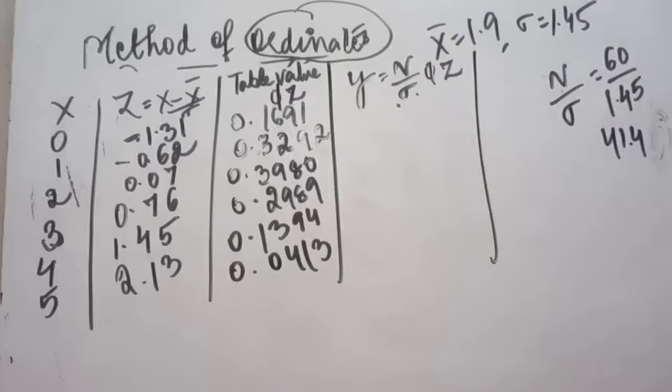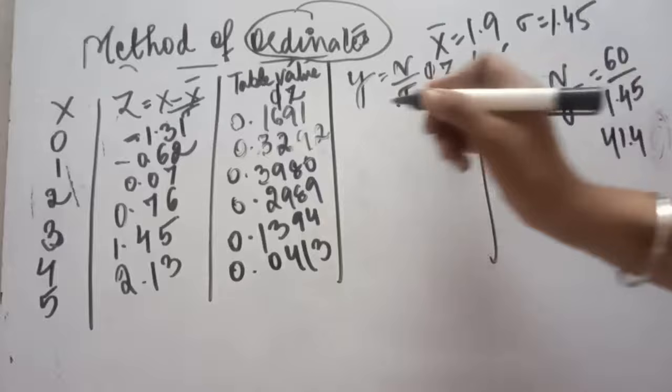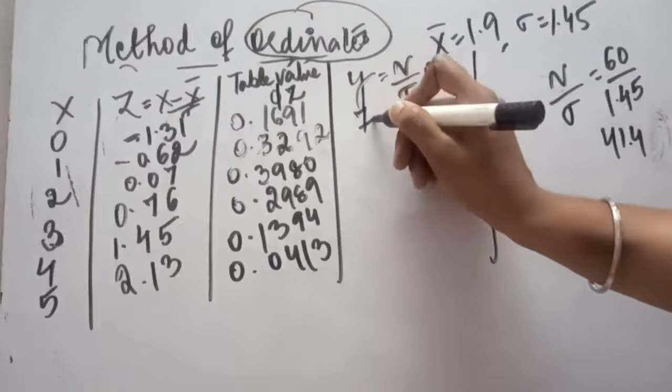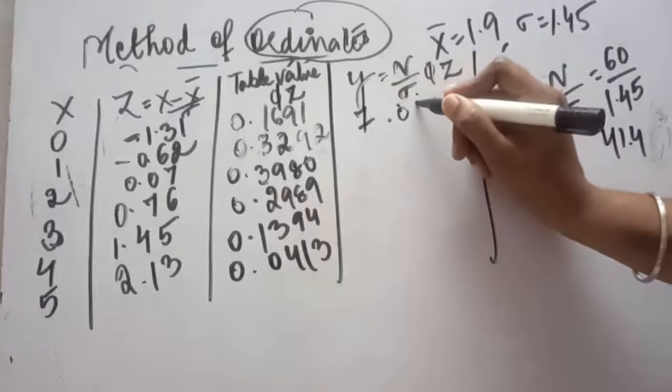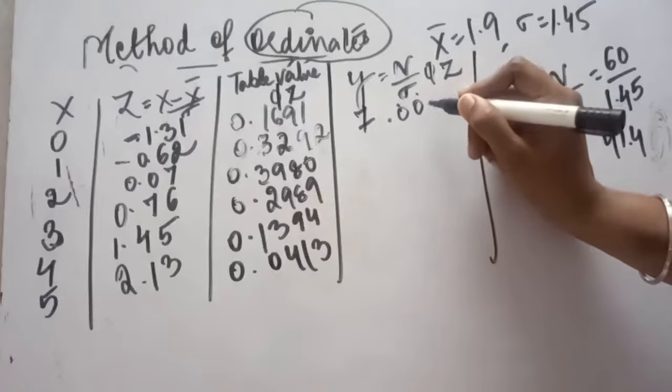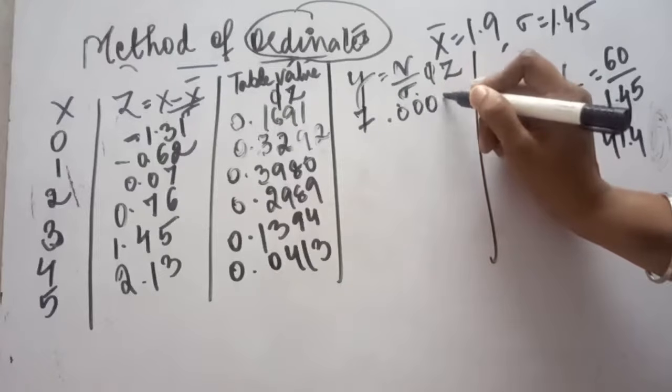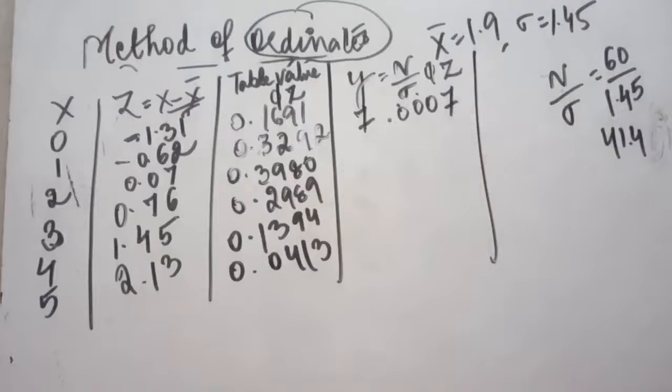So 41.4 into 0.1691, this value is 7.0007, like this. We can take till 2-3 points here.